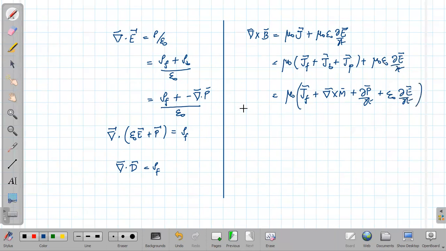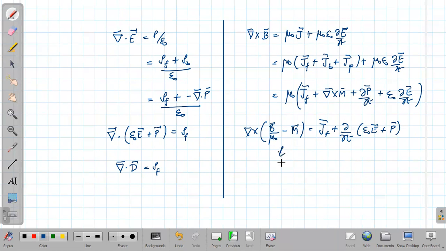Okay, we can take this mu 0 to the left side, and del cross M to the left side. So I can write del cross of B upon mu 0 minus M equals JF, plus these two terms can be combined: dou by dou t of epsilon 0 E plus P. Now in the left-hand side, what is the quantity inside the bracket?